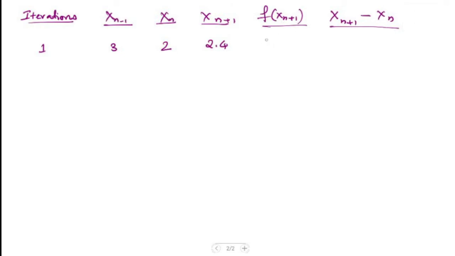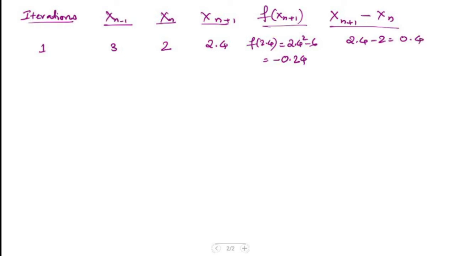Now f of 2.4 is 2.4 squared minus 6, which is equal to minus 0.24. And xn plus 1 minus xn is 2.4 minus 2, which is 0.4.